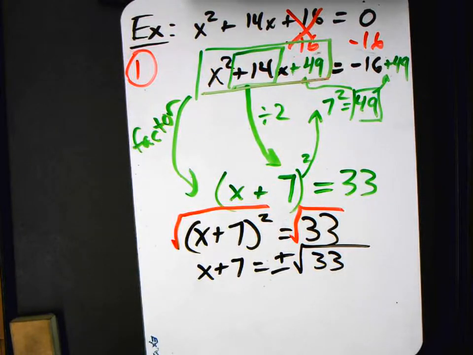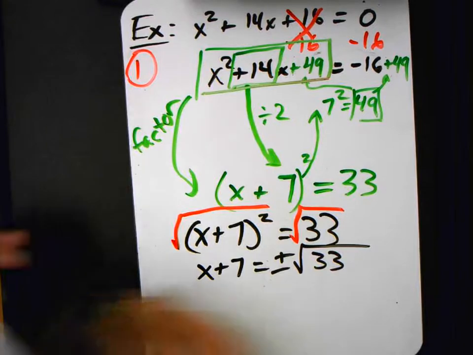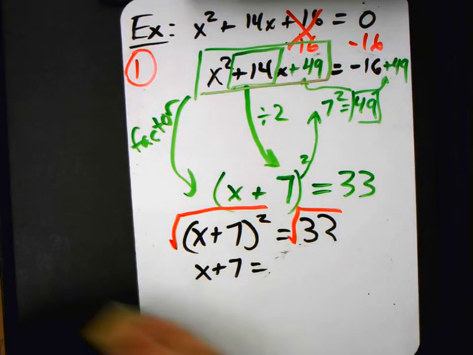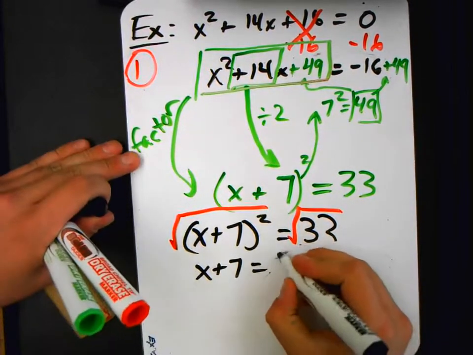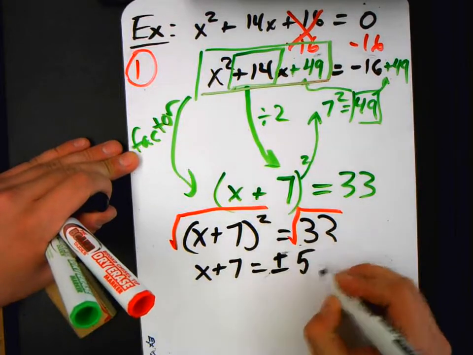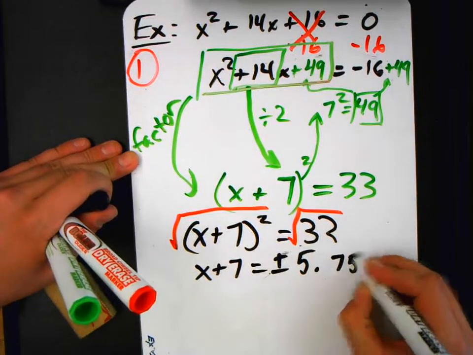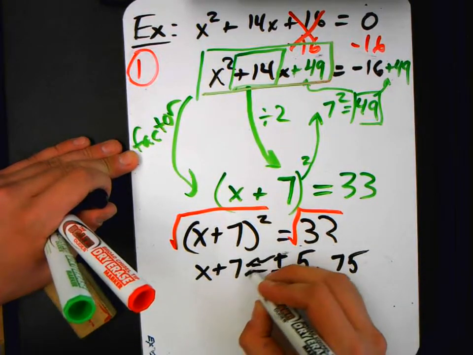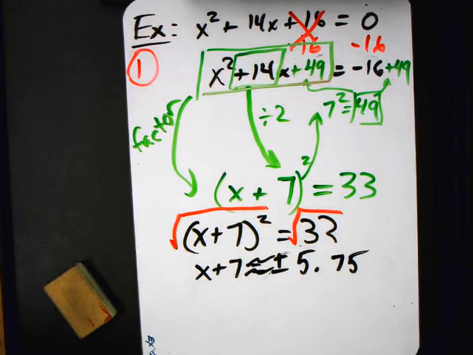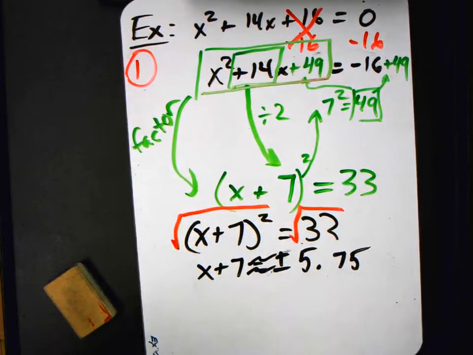If you would like to go through and actually do the square root of 33, that number is rounded off to approximately 5.75. The square root of 33 is about 5.75, rounding. So now we have a plus 5.75 and a minus 5.75.